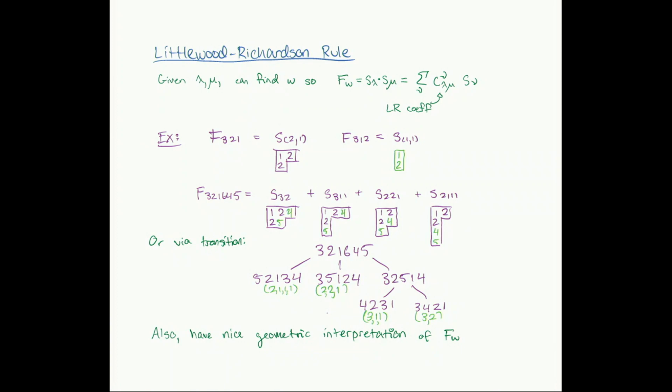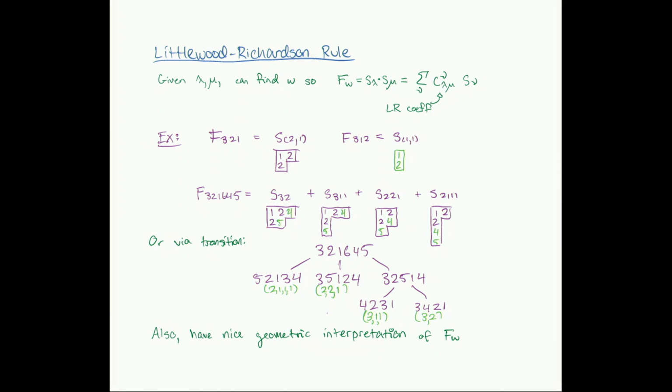So there's these two methods of computing the same quantity, and both of them are giving us new, to us this past week, proofs of the Littlewood-Richardson rule. And then I think Dave gave us a very nice geometric interpretation, which we'll talk about later on.